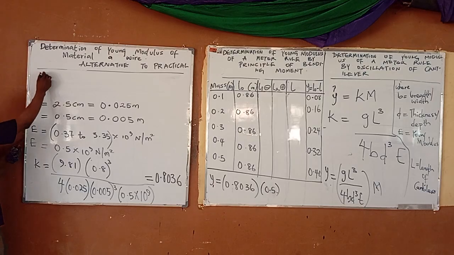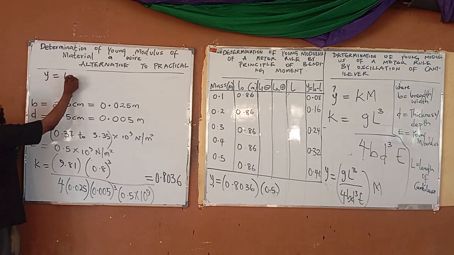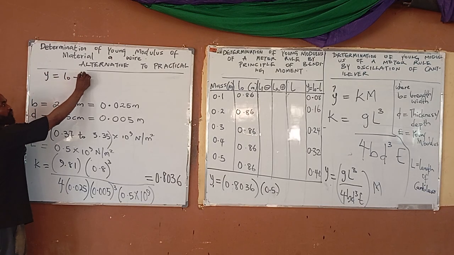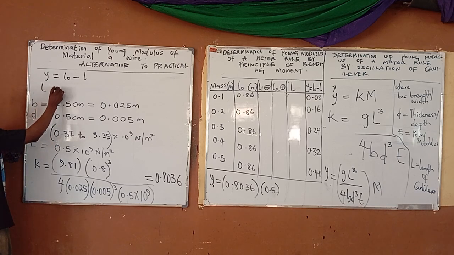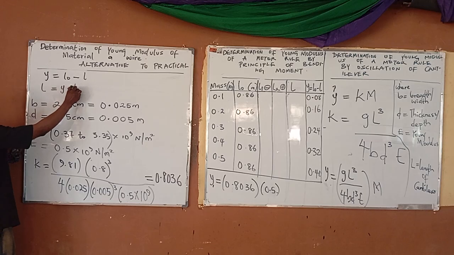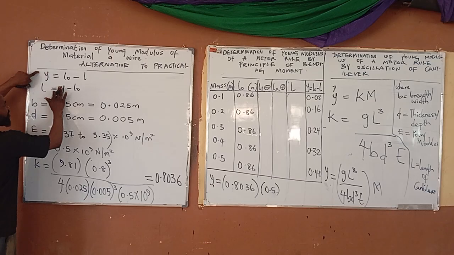So notice that from y equals L0, that is the initial length minus the extension, this will be the sentence saying that L is equal to y minus L0, because this will cross over. If this one crosses over, it becomes positive, right?